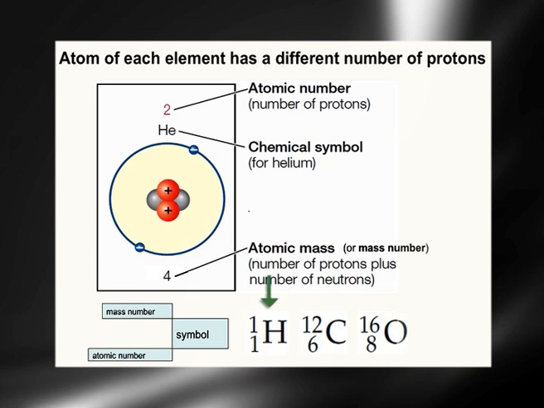Hydrogen is written like this: 1 is the atomic number and 1 is also the mass number, because the hydrogen nucleus does not contain any neutron. For carbon it is 6 and 12, that means 6 protons and 6 neutrons. In oxygen it is 8 and 16, that is 8 protons and 8 neutrons in the nucleus.